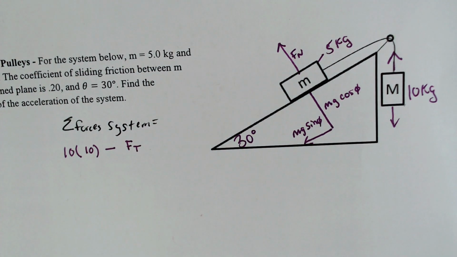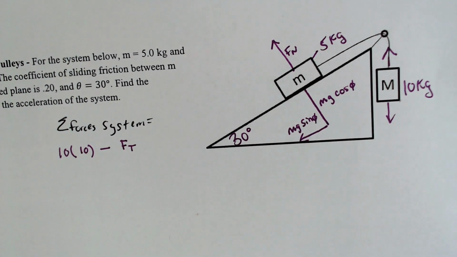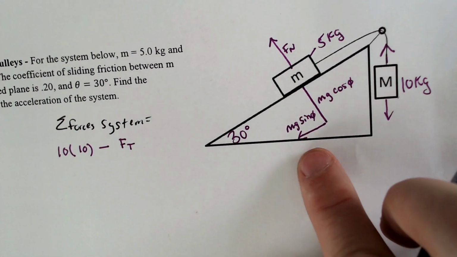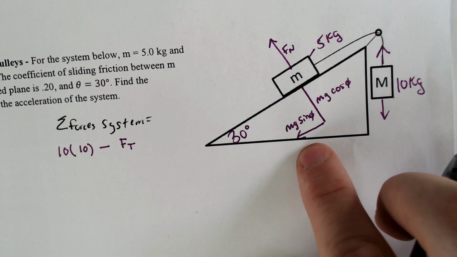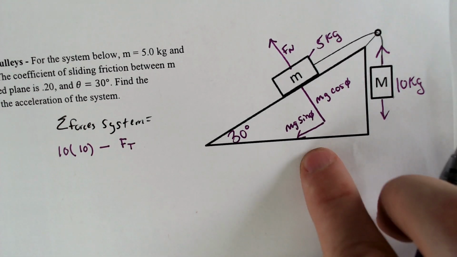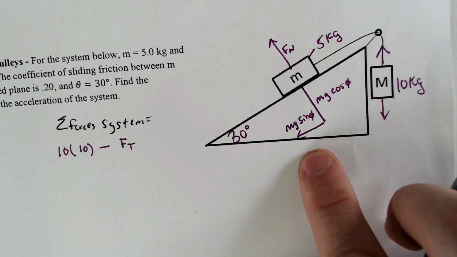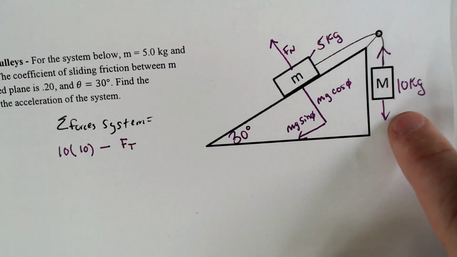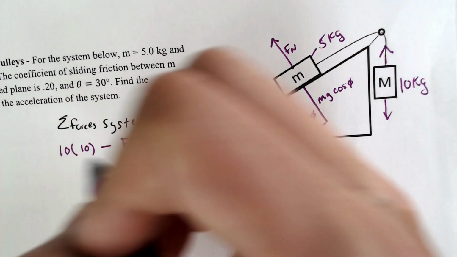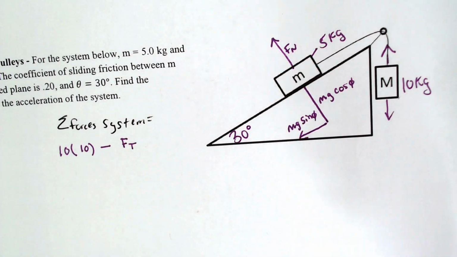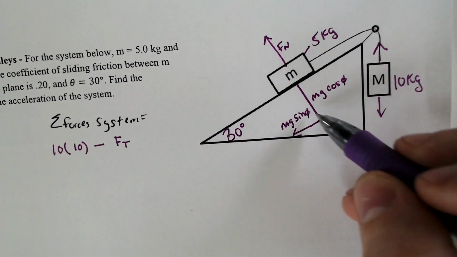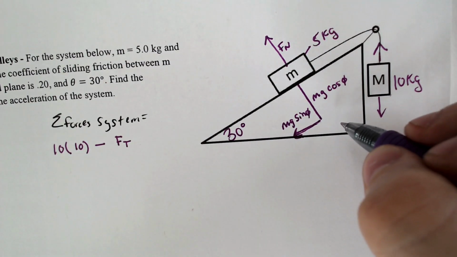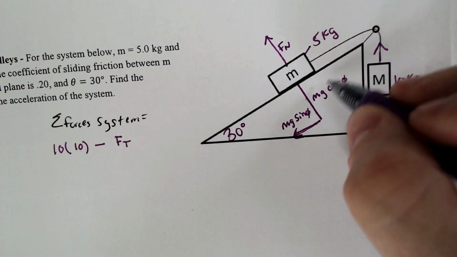That force of tension has A, the friction of the block, and B, how much this block would have liked to have gone downward, but can't because it's being pulled upward because of the force of tension in the opposite direction for it. So we have to subtract its willingness to go down the ramp and the force of friction that is acting upon it.